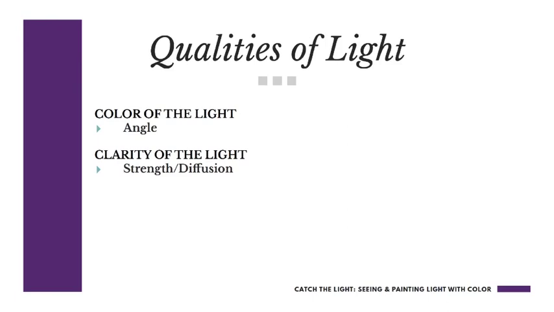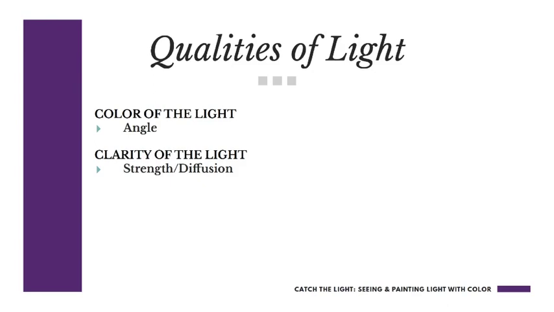So just a quick reminder that when we're talking about the qualities of light, we're talking in particular with the light envelope about the color of the light and the clarity of the light. So the color of the light is affected by the angle or the direction of the light. And that is going to be most strongly impacted by time.